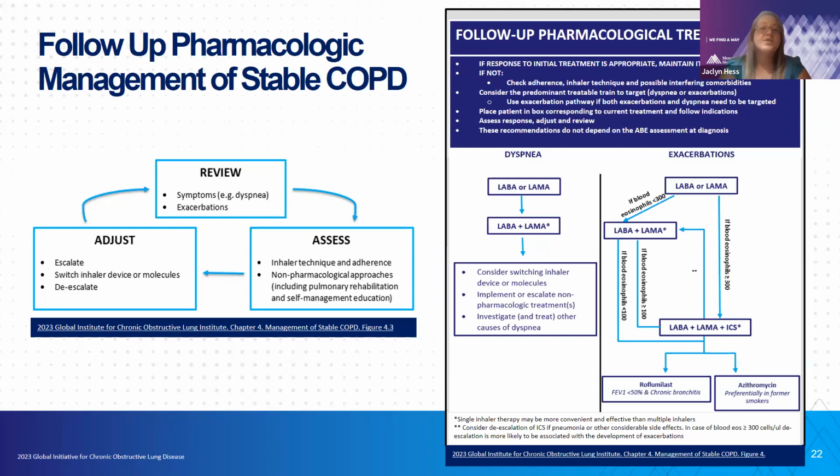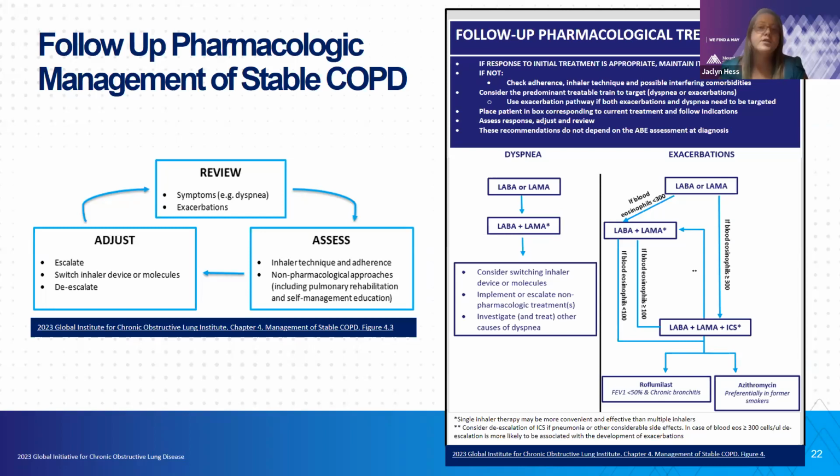If patients continue to exacerbate and they were on a single bronchodilator, if their eosinophil count is less than 300, then we want to transition them to dual bronchodilator. If it was at least 300 or greater, then they would be transitioned to triple therapy.